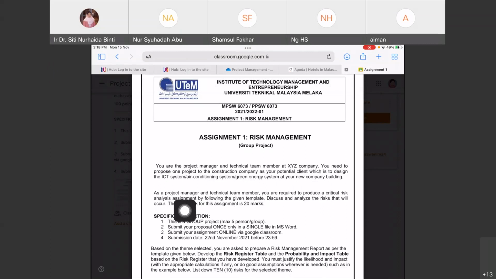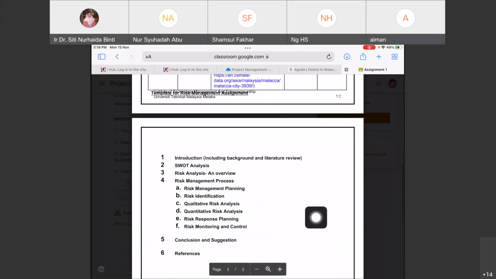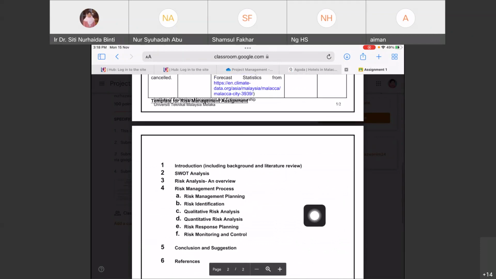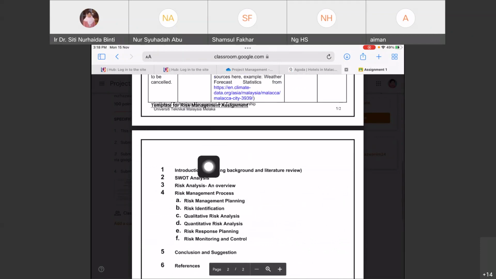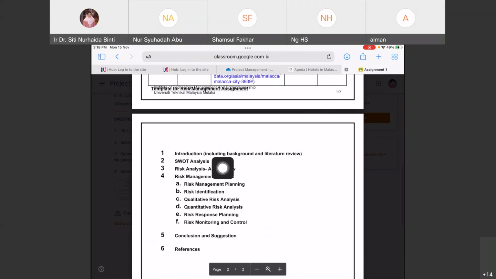As a project manager and technical team, you are required to produce a critical risk analysis assignment using the template. In this assignment, you have a template that you need to follow.